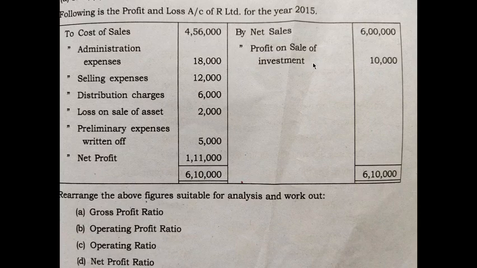It's just a typical profit and loss account. Okay, let's go through the additional part. Rearrange the above figures suitable for the analysis and work out gross profit ratio, operating profit ratio, operating ratio, net profit ratio, that we have just discussed.